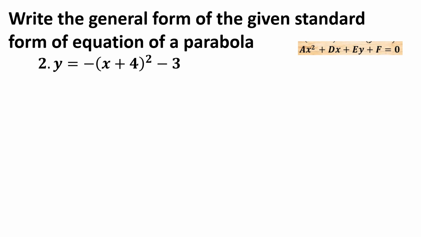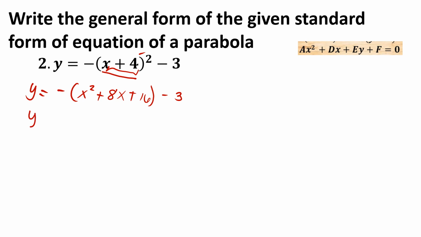Let us answer number 2: y is equal to negative quantity (x plus 4) to the power of 2 minus 3. There is no denominator, so we simply expand the binomial square. Expanding x plus 4 squared: square the first term, plus 4 times x is 4x, times 2 is 8x, and squaring 4 gives 16, then minus 3.